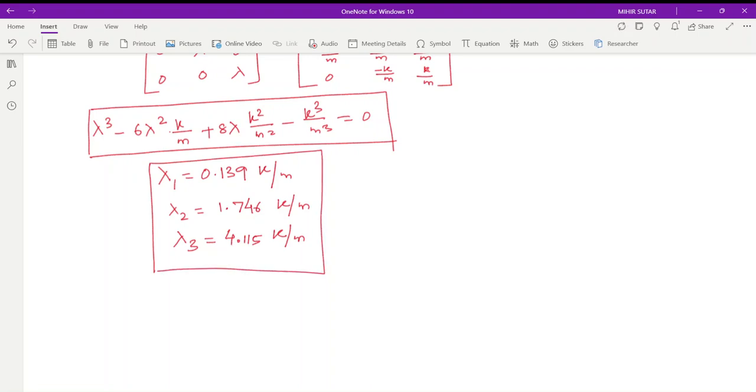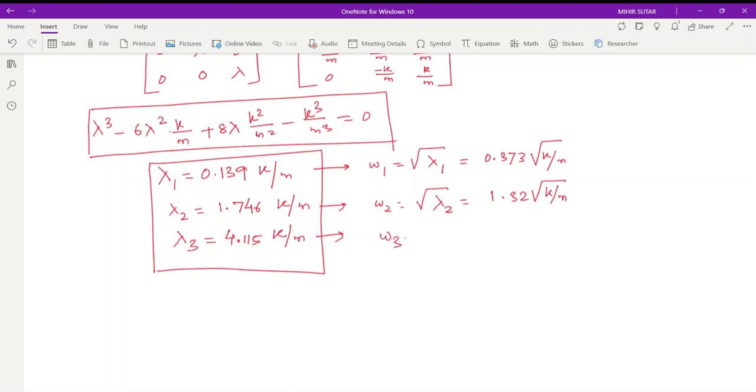Now the corresponding natural frequencies you can have: omega 1 will be root over of lambda 1, so it will be 0.373 root over of k by m. Omega 2 will be root over of lambda 2, that is 1.32 root over of k by m.